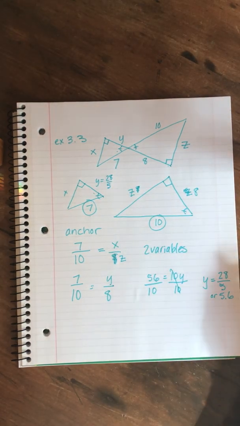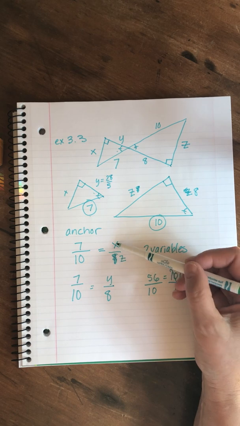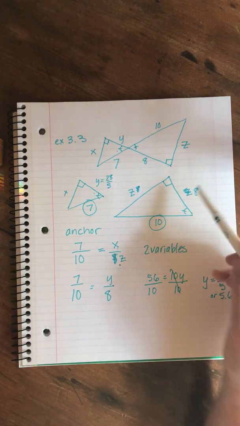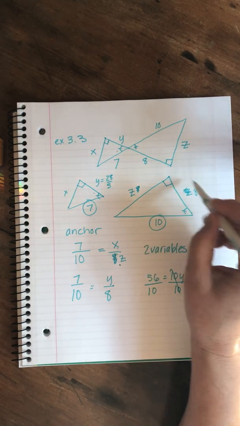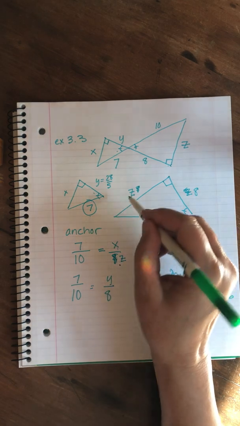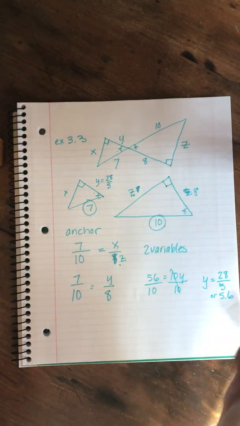Okay, now we want to do something to solve for this one. And what we can do is go back to this triangle and say, okay, is there another way we could solve for z? And there is, because this is a right triangle.